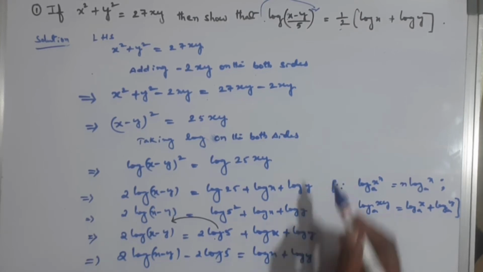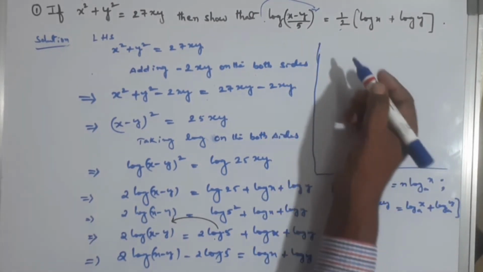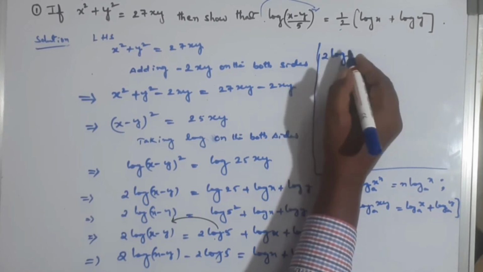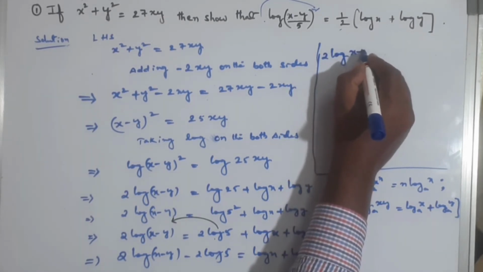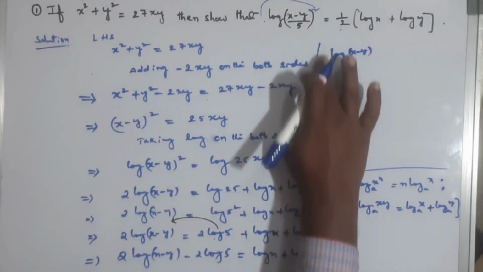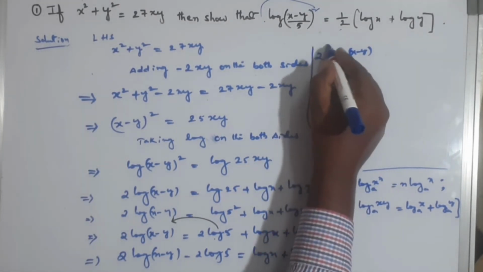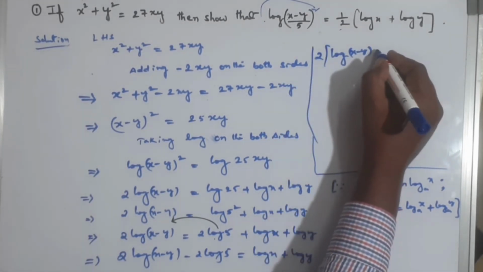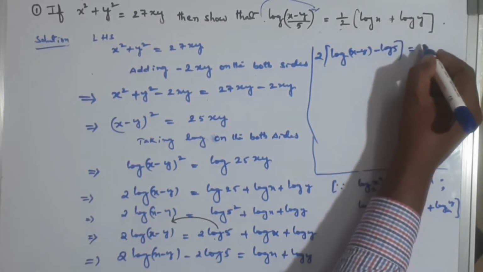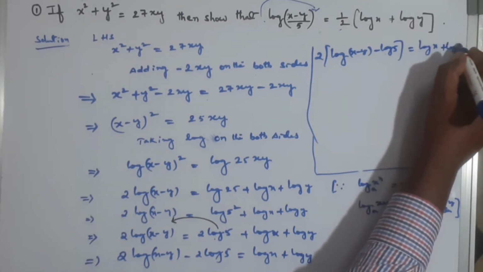Okay. Now the last step is, take out 2 common, totally 2 common. 2 of log of (x minus y) minus log 5, which equals log x plus log y.